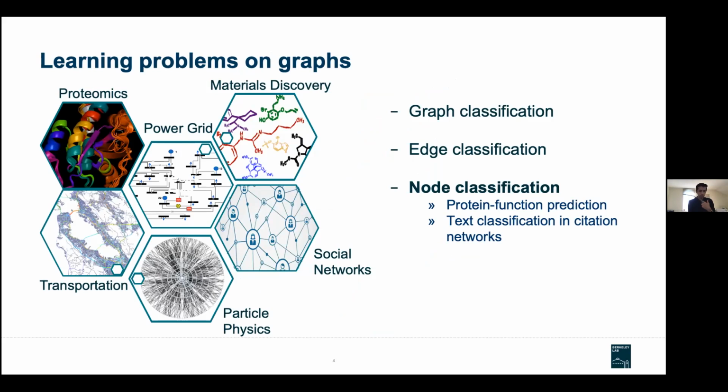And just to explain what node classification is for a moment, as an example, let's say I give you a social network where we have a label on some of the vertices. And again, these vertices represent users. We can have a label on users that says, is this user a celebrity or not?